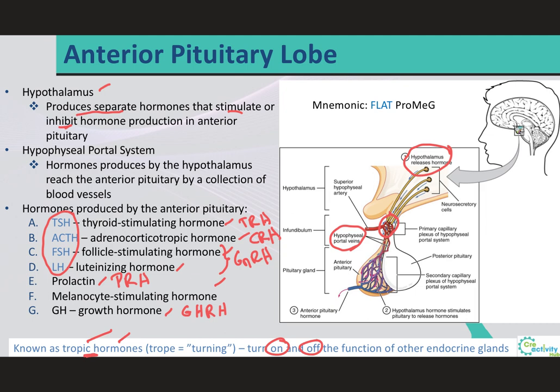The last one is the melanocyte stimulating hormone, which does not have a hormone coming from the hypothalamus. In fact, this hormone will be released right over here on this area, which is between the anterior pituitary and the posterior pituitary, which is called the pars intermedia.